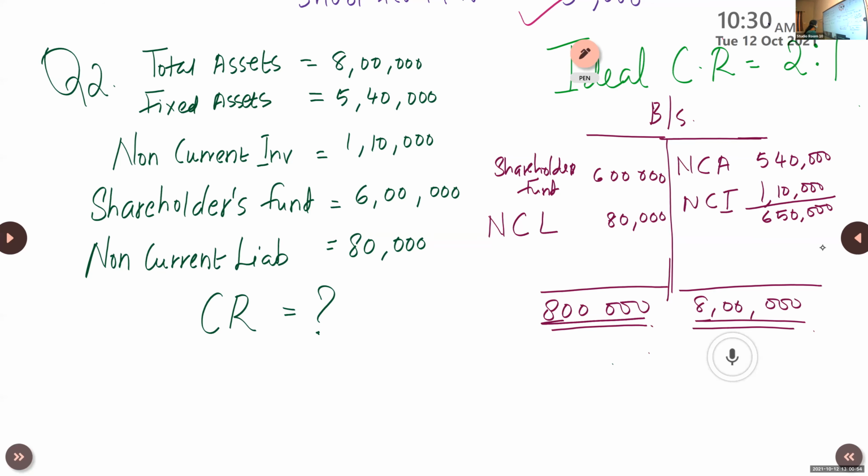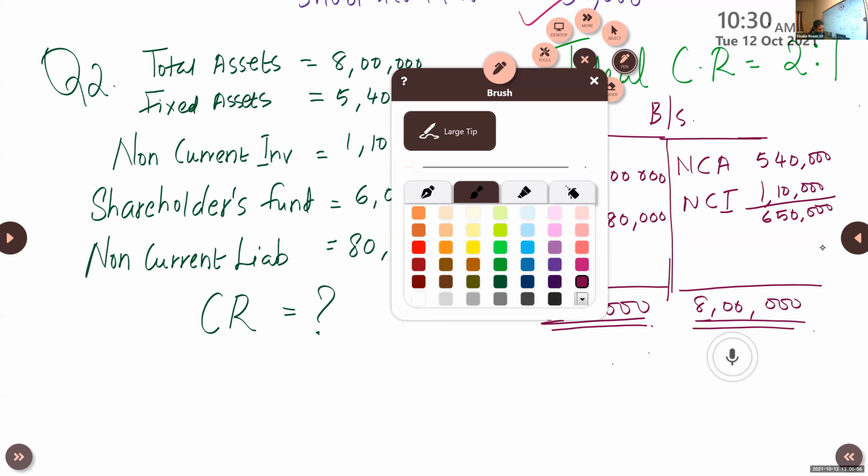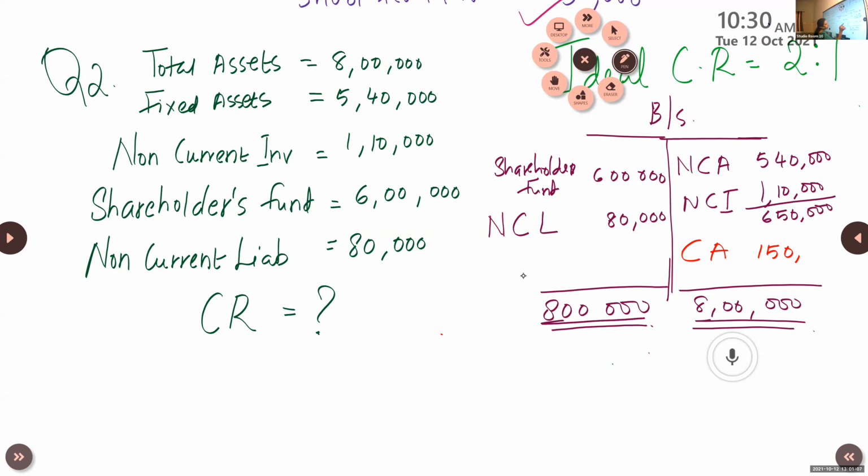And similarly, in the liability side, 6,80,000 is there. So find the difference. The total liability minus 6,80,000 will give you the current liability, 1,20,000. So this is the way you get current asset and current liability. When you draw the balance sheet, it will be easy for you.